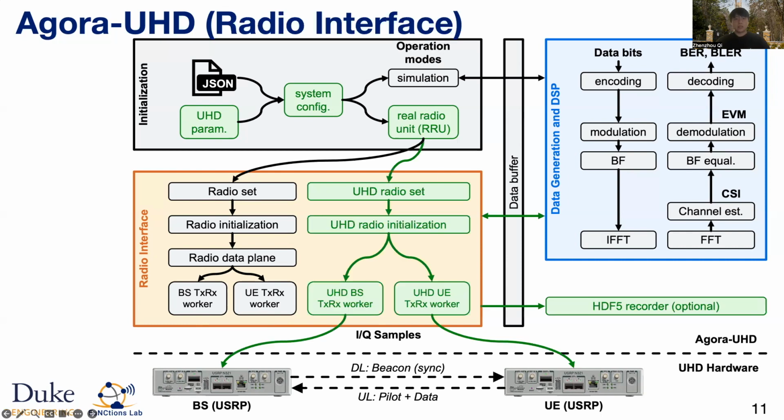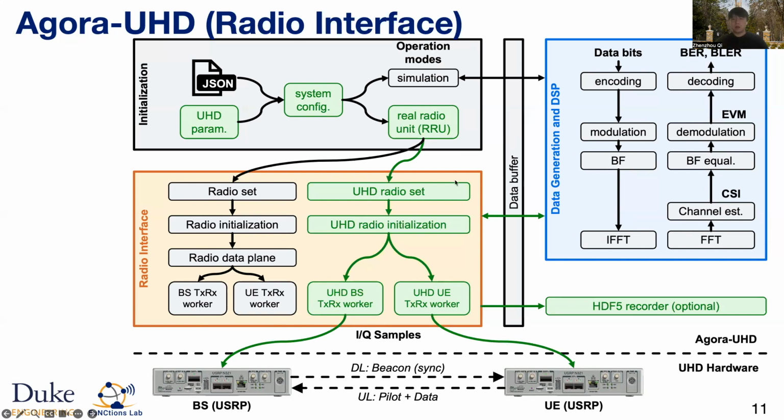For Agora's UHD radio interface, the UHD radio is implemented using the native UHD USRP and TX/RX streamer class objects, which provide the functionalities to initialize and tune the radio hardware, to activate the TX/RX streamers, and to stream the IQ samples between the host and the USRPs.